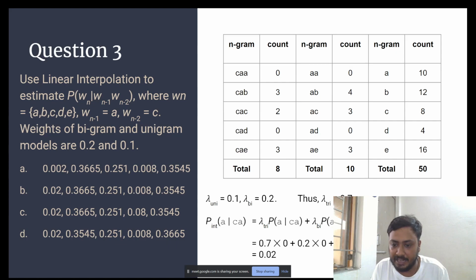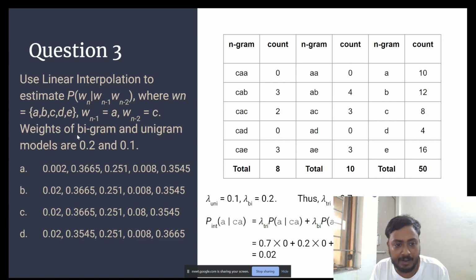The probability of A given A, we weight by the weight of the bigram model, and the probability of A, we weight using the weight of the unigram model. So these are three different weights. In the slides you may have seen them as lambda 1, 2 and 3, but I have written them as tri, bi and uni for ease of understanding. And we know that all these three weights should sum to 1.